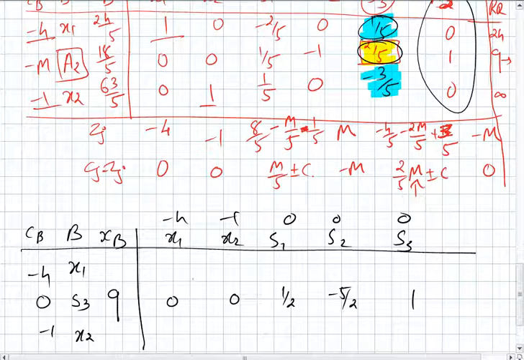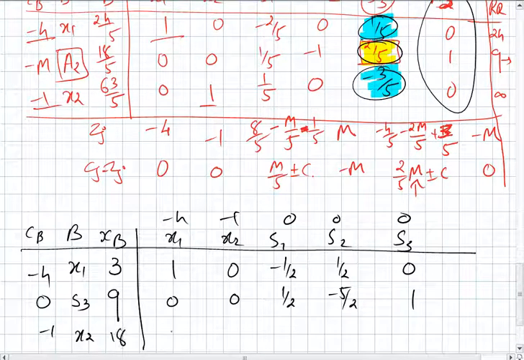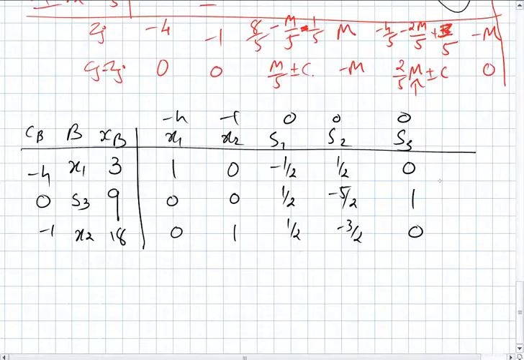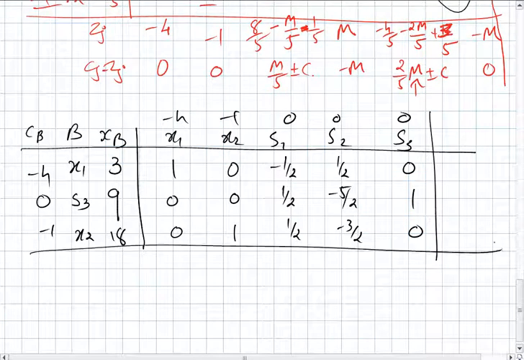So we are having here it will be 3, 1, 0, 1 by 2, 1 by 2 and 0. And here to make this entry 0, we have to multiply this by 3 by 5 and add here. So we are having 18, 0, 1, 1 by 2, minus 3 by 2 and 0. So this is our another simplex table.